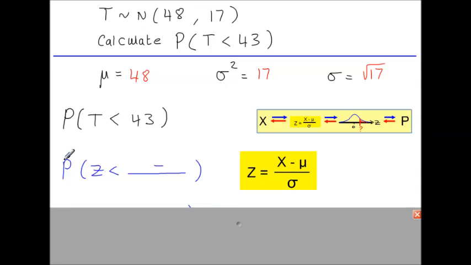So we're going to work out the probability that z, so that t becomes z, the standard normal variable. That says less than, so you just copy that, less than. So we're standardizing 43 minus the mean, so minus 48, divided by the standard deviation, square root of 17.